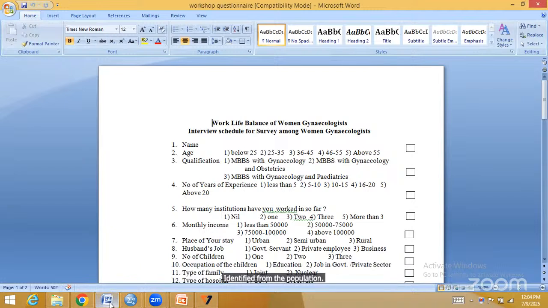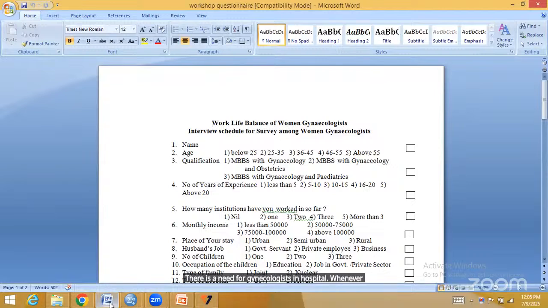Work-life balance of women gynecologists, a wonderful study conducted in Kerala. See, you know the working pattern of gynecologists. They have to attend cases at any time. During 24 hours, there is a need for gynecologists in the hospital.